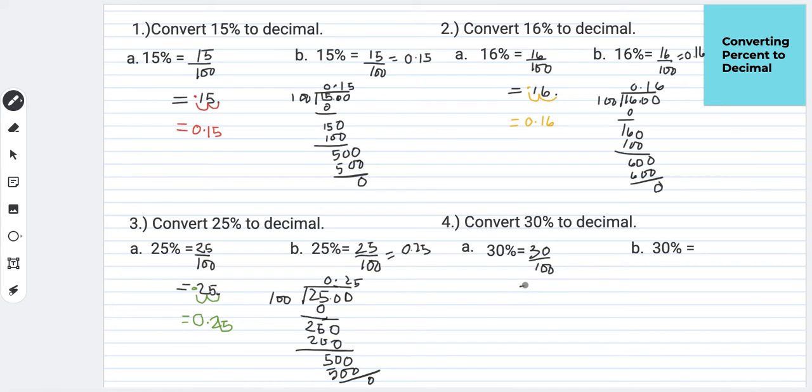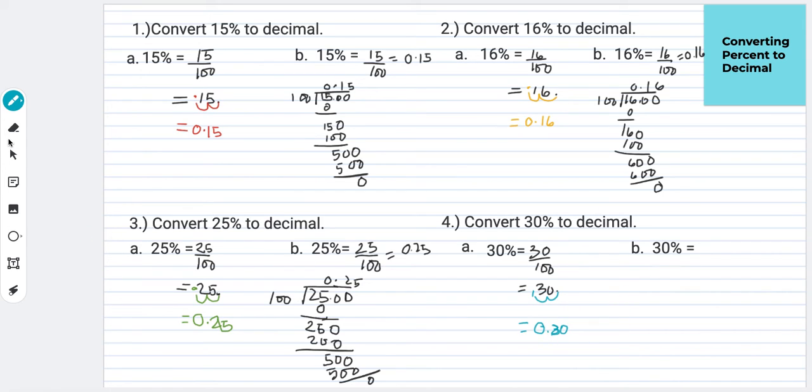You have to do the same, and copy number 30, and the decimal point of 30 is right after 0, and we have to move the decimal point going to the left side twice. The decimal point is now here, and the equivalent now of 30% in decimal is 0.30.